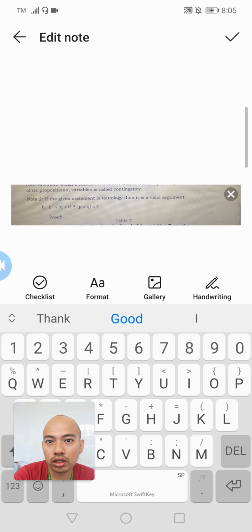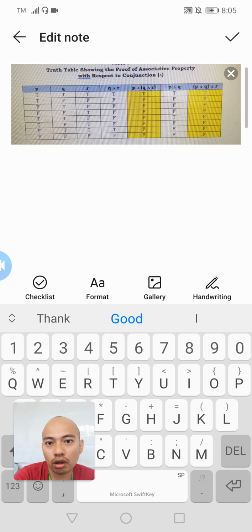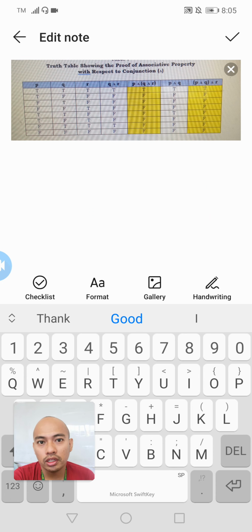This is with respect to the conjunction operation under associative property.